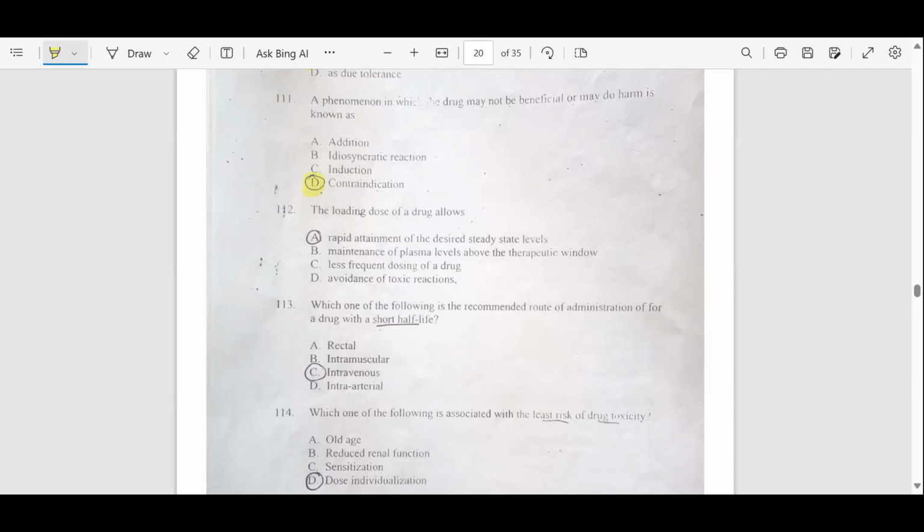So I'll go with A, rapid attainment of the desired steady state levels. Choice B is the maintenance dose. Anyone with a different opinion for 112?